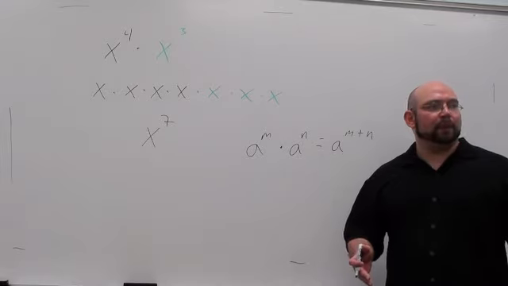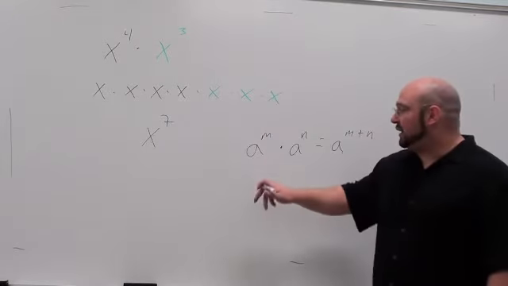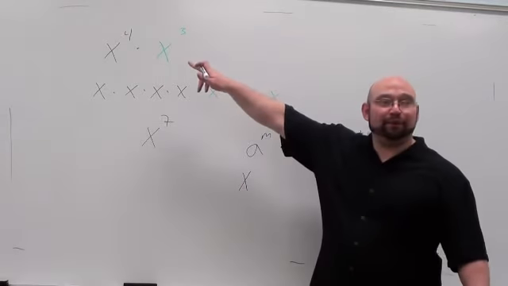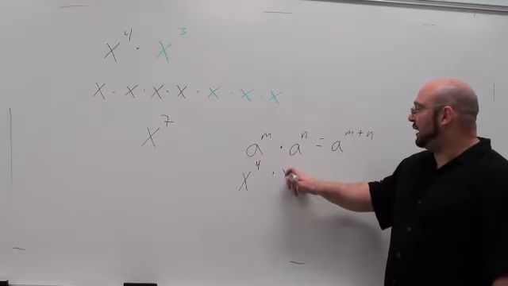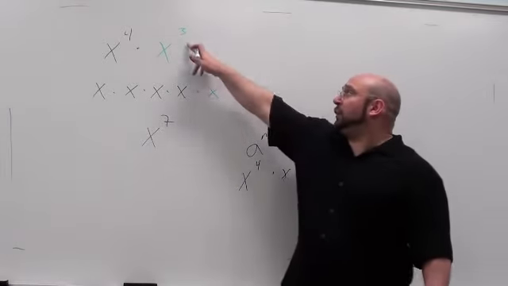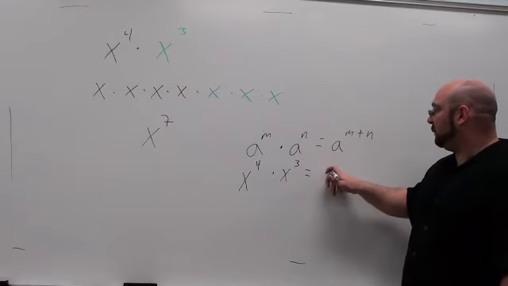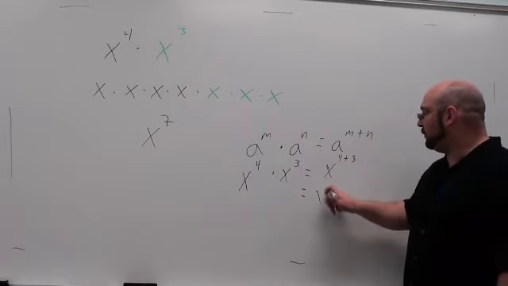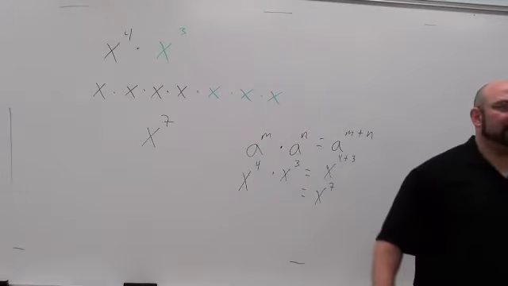In our example, my base is x, so I put an x in there. My m is my 4, so I put a 4 in there. Next base, x. My 3 is going to be my n. So from here, x to the 4 plus 3 is equal to x to the 7th, and that's exactly what I've got here.